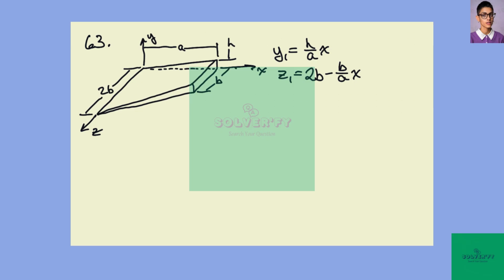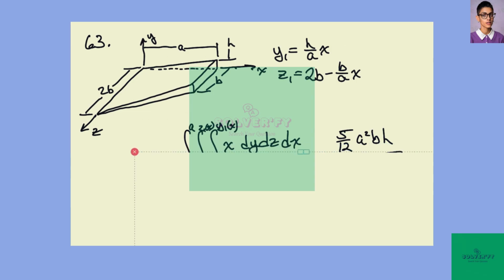So then we can get this plane here, and this plane is defined by z1 equals 2b minus (b/a) times x. So that's this plane that slices along that.